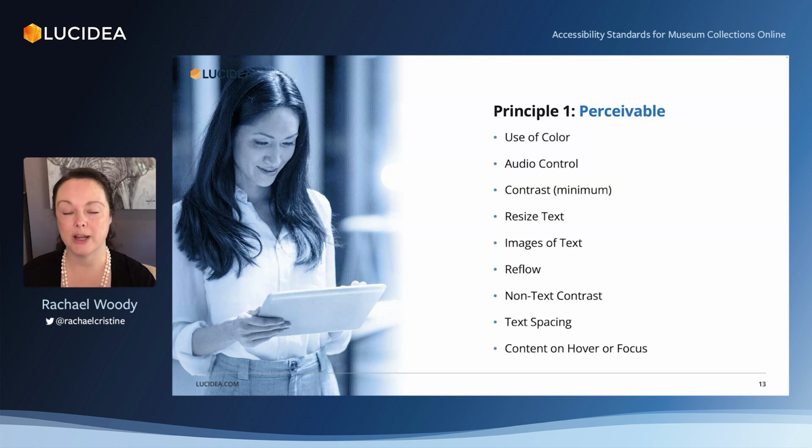So there needs to be a way programmatically for assistive technologies to be able to interpret those functionalities that otherwise wouldn't be interpretable or perceivable by that person. This is not something very typical for us to see in a collections online presentation, but yet it can show up. So we want to make sure we're paying attention to those and that they are perceivable, not just with the regular human eye, but by any sort of assistive technology as well.